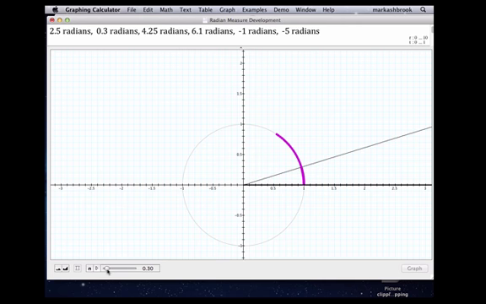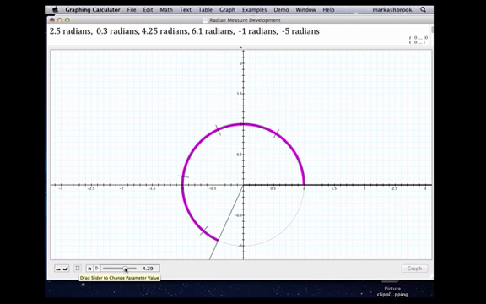There's 0.3. 4.25. That's the closest I can get. 4.25 is something like that. 6.1. That's 6.1.